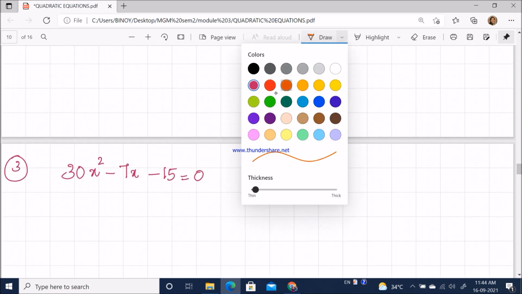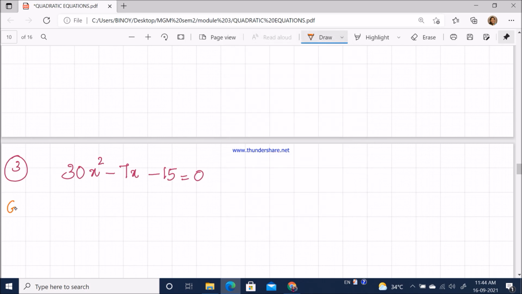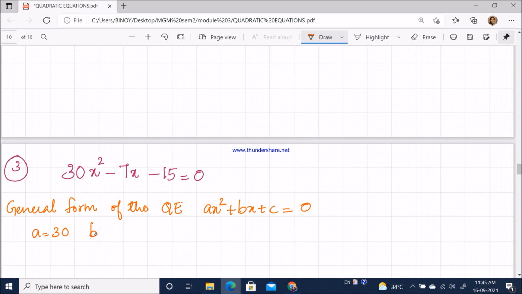So initially we are asked to find the general form of the quadratic equation, which is ax square plus bx plus c equals 0. So a is equal to 30, b is equal to minus 7 and c is equal to minus 15.